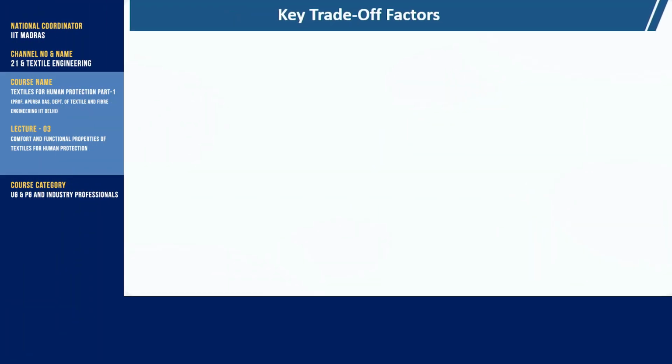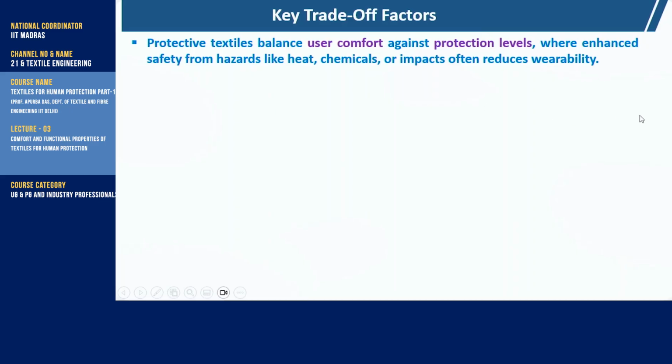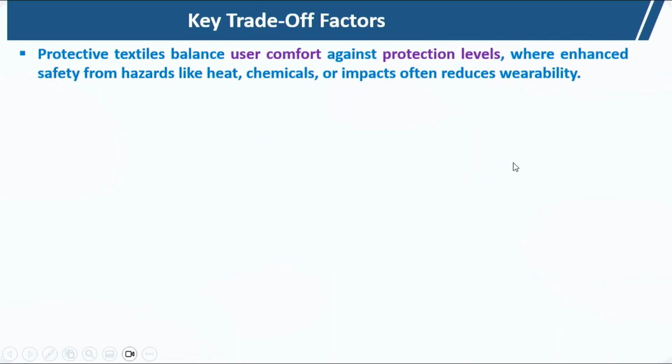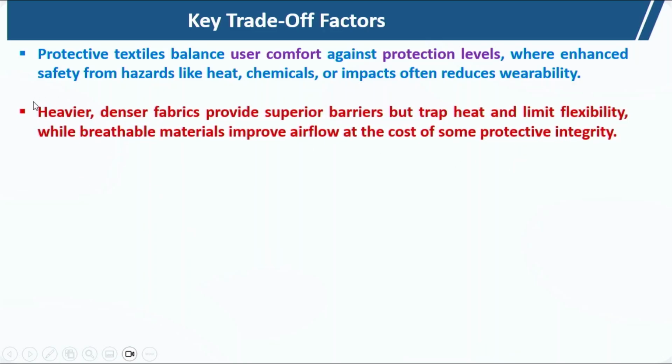Now, the key trade-offs. What are the key trade-offs? Protective textiles balance user comfort against the protection level, where enhanced safety from hazards like heat, chemicals, or impact often reduces wearability. Comfort is sacrificed. Heavier, denser fabrics always provide more protection.